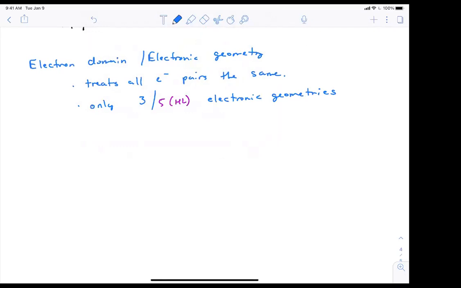So there are the following. Linear, where you have 2 domains. Trigonal planar, where you have 3 domains.